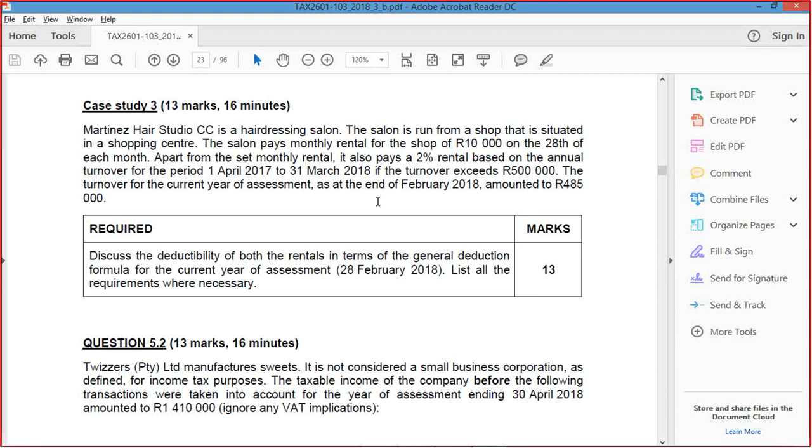What about the 2% rental based on the turnover? Well, from 1st April to 31st March, I think it would probably also be deductible, sir. But the only thing that I would be asking myself is, the 31st of March, if you're saying that, is it within the year of assessment, though?